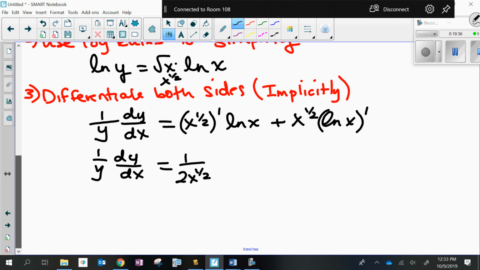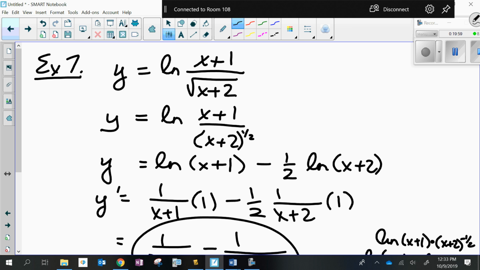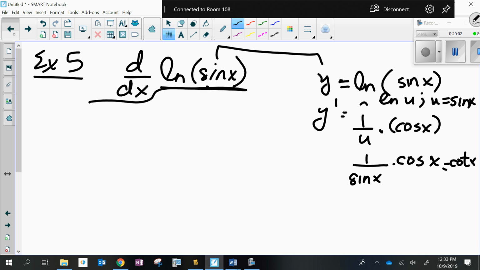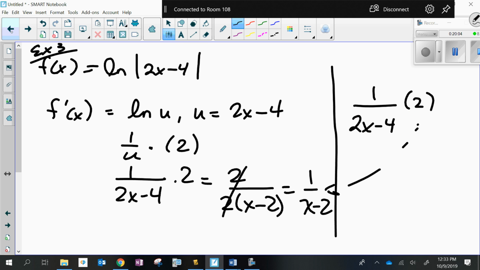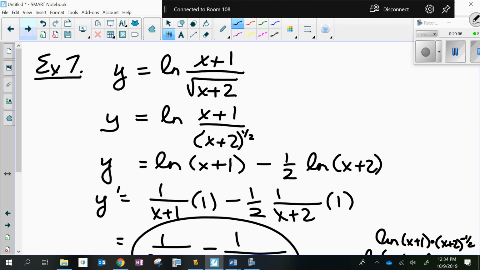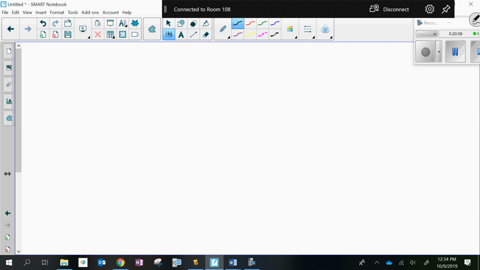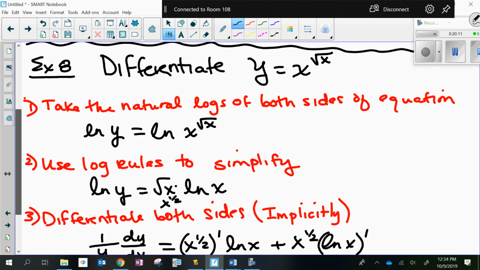All right. So I got ln x on the top of that, right? What is the derivative of ln x? 1 over x.